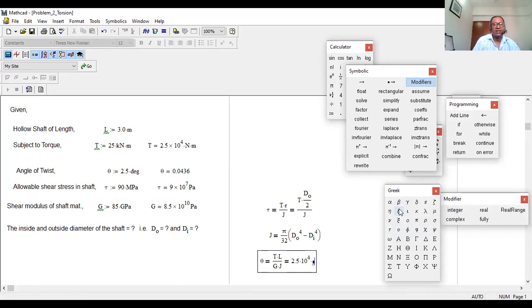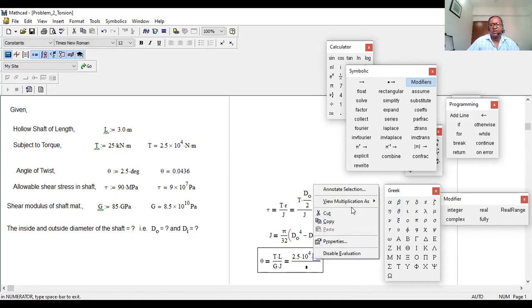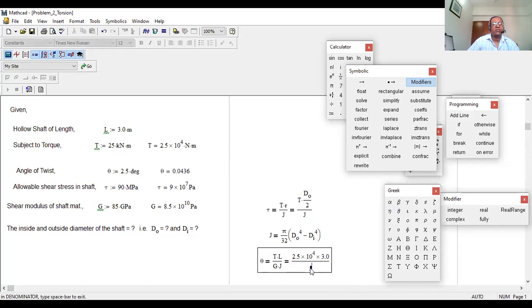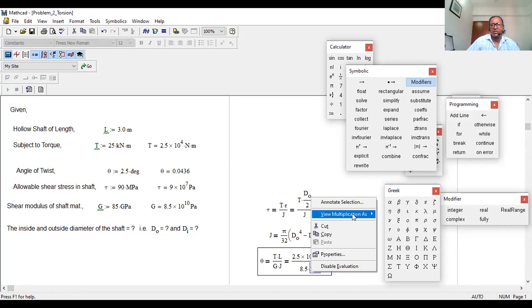Then you multiply by L. L is given, 3 meter, divided by G. Then G is given as 85, so 8.5 into 10 to the power 10. This is our G.